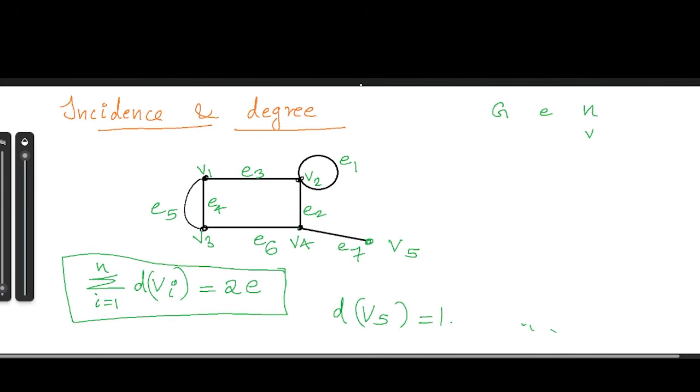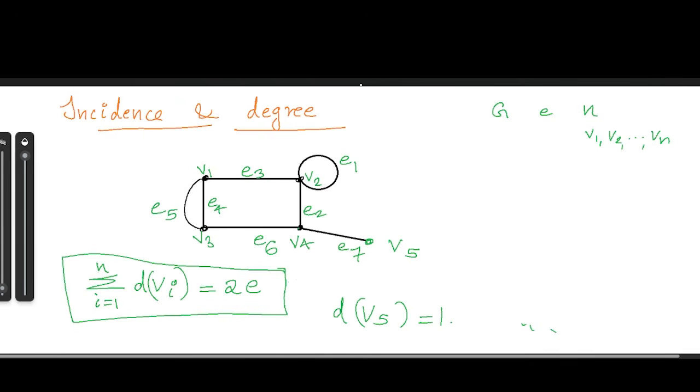We can name the vertices as V1, V2, etc., Vn. These are the N vertices. Now we can see that each edge contributes 2 degrees. You can consider any edge here. For example, this edge E7 contributes 1 degree to V5 and 1 degree to V4.